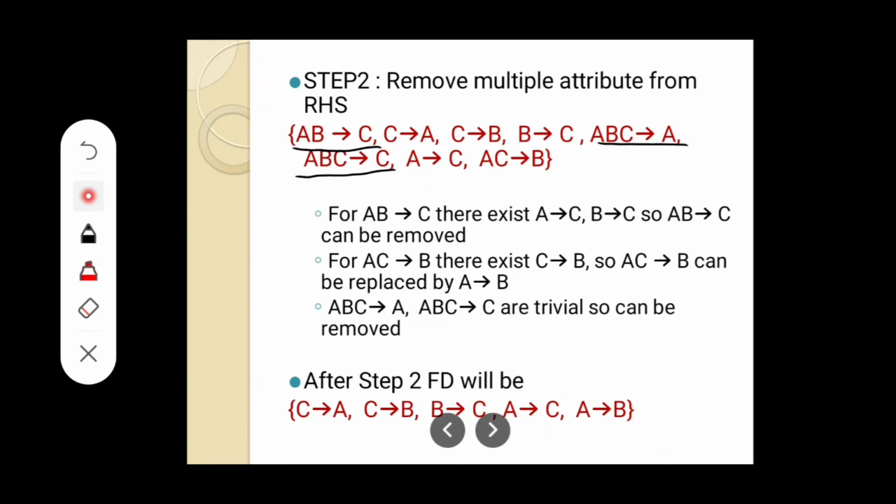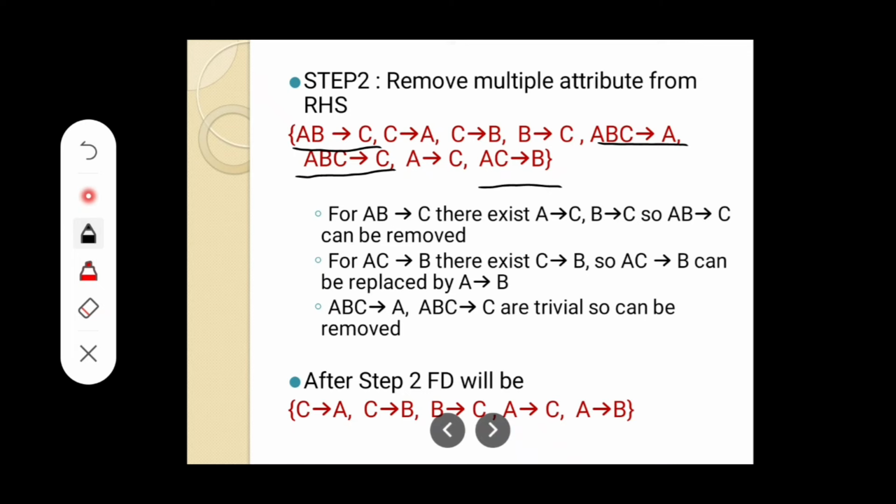So look here. This one is not trivial, this is trivial. How can we say that this is trivial? Because RHS and LHS have some attribute in common. So A is common. Here also C is common. Okay, what about this?